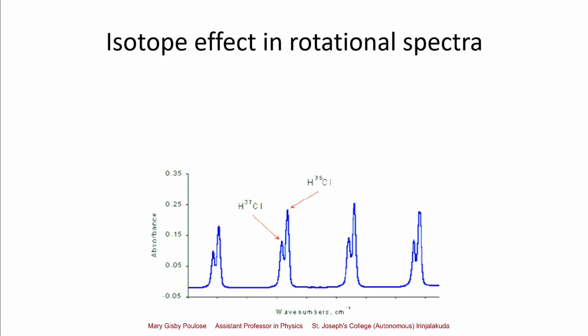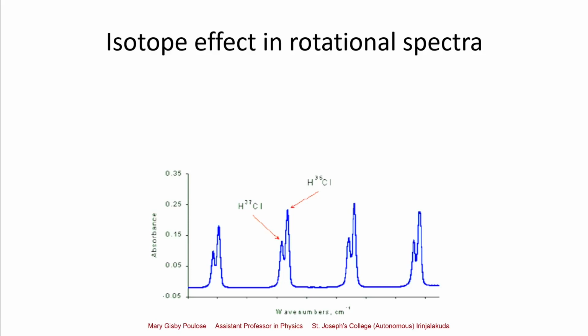Now, one particular feature used in rotational spectra is the isotope effect, to study the mass or the contribution of isotopes in molecules. The spectrum here is an example of the isotope effect observed. Due to the presence of the isotopes, we have an additional peak in the spectrum.